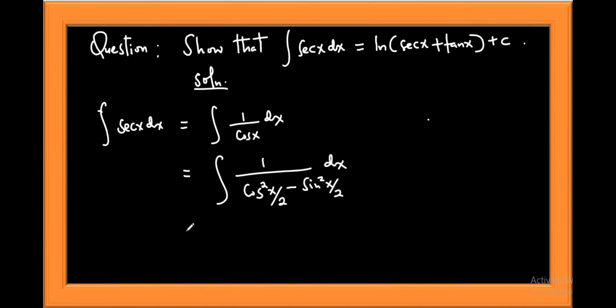Now from here, we can directly divide through up and down by cos squared of x out of 2. That means when you get 1 divided by cos squared of x out of 2, we shall get sec squared x out of 2. Divided by cos squared x out of 2 divided by the same term shall get 1, and then minus sine squared x out of 2, if you divide it by cos squared x out of 2, you will get tan squared x out of 2 with respect to x.